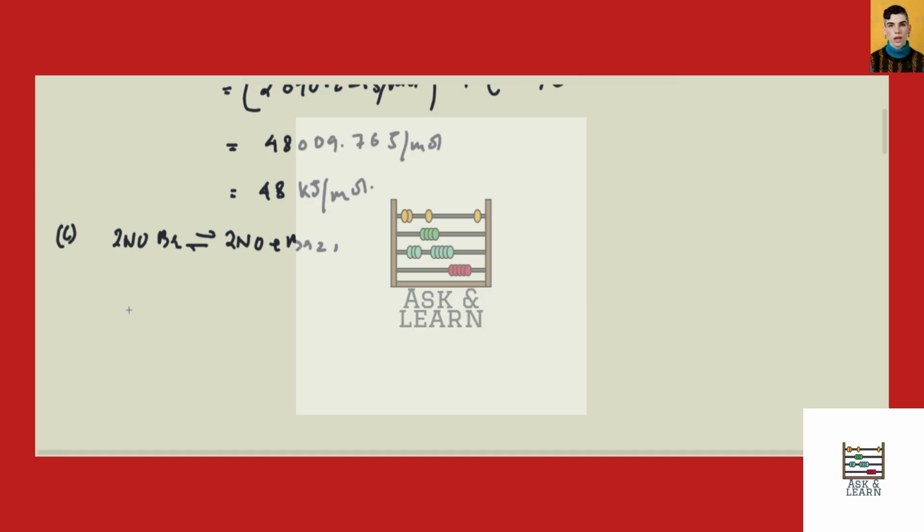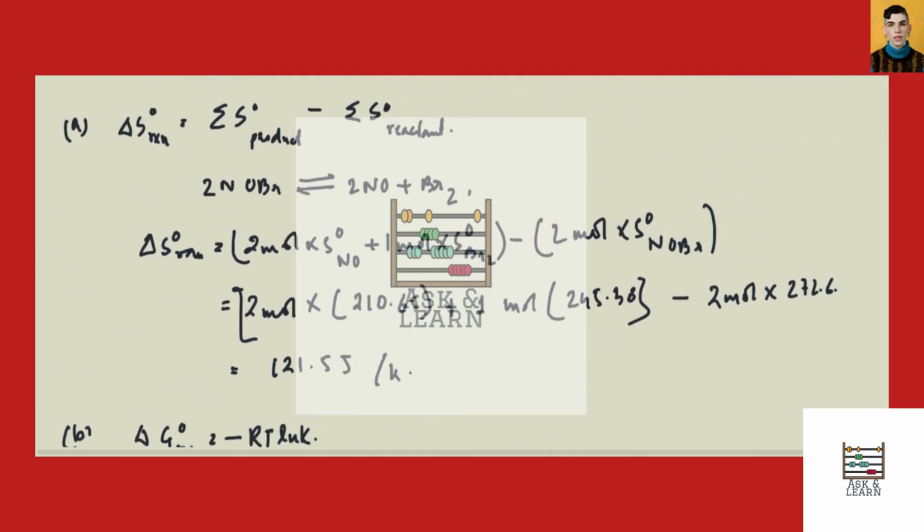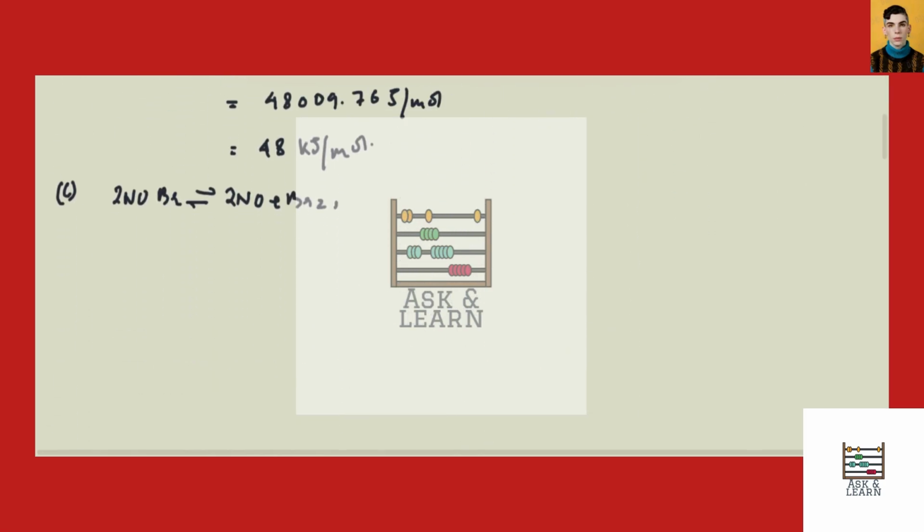The expression for delta H naught is: delta H naught reaction is 2 moles of delta H naught NO plus 1 mole of delta H naught Br2 minus 2 moles of delta H naught NOBr.